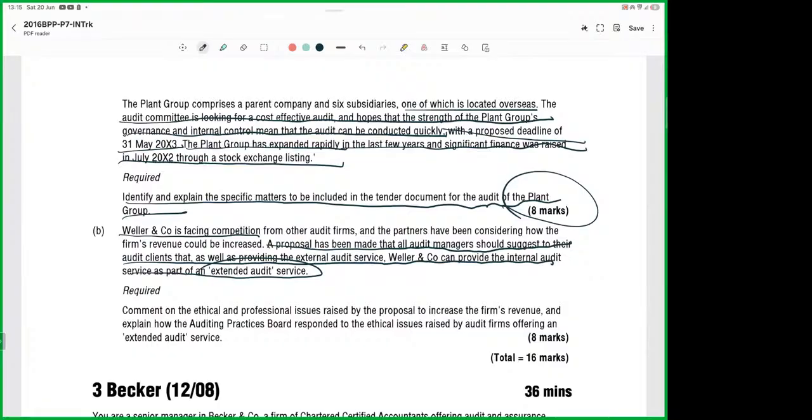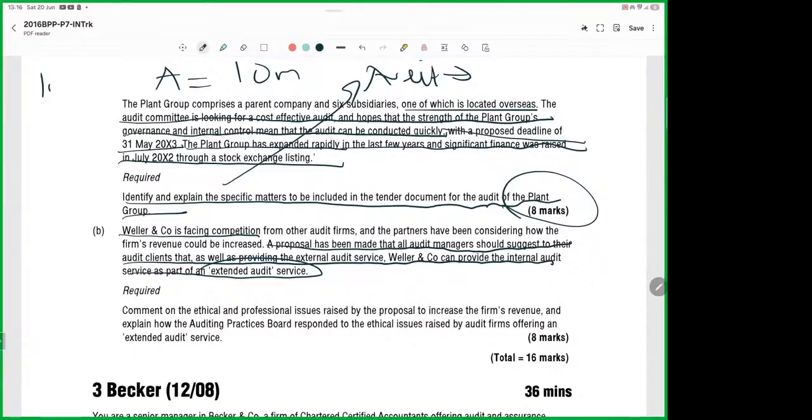Even if it's very rare to get this kind of arrangement, where you are the external auditor and the internal auditor as well, please listen. When I am given this kind of extended service, there is a very high chance that I will increase my audit fee from this client materially. From client A, I'm getting maybe 10 million, and my total audit fees as the firm perhaps is 50 million.